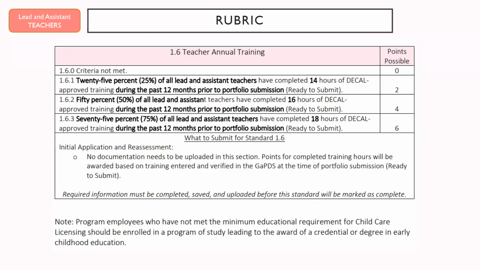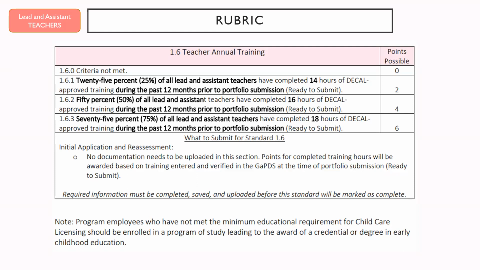Viewing the rating rubric for scoring teacher annual training, this is for all lead and assistant teachers. At the 2-point level, 25% of all lead and assistant teachers would need to have completed a minimum of 14 hours during the 12 months prior to portfolio submission to receive 2 points.